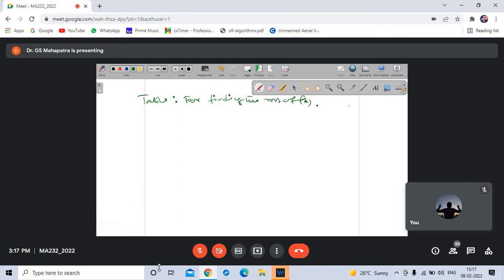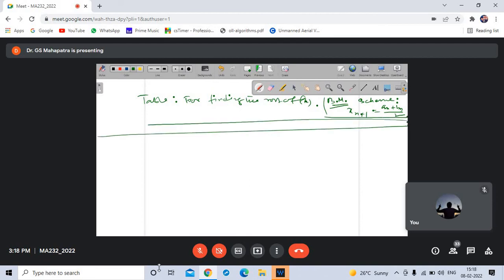What is the computational scheme? Now the bisection method scheme, so what is the rule? xn plus 1 equals an plus bn by 2. Okay, this is the one. Now the table: n, then an, is it positive or negative?